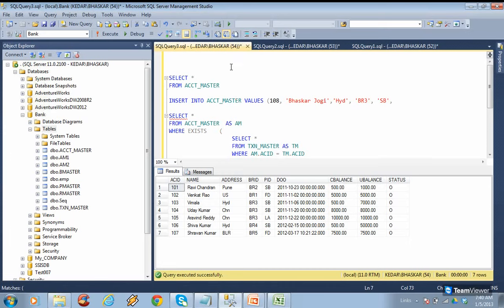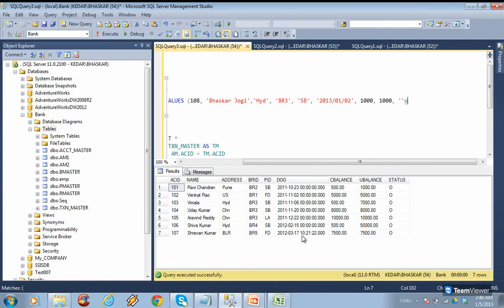Now what else do we have? Data for this one. Let us take 2012 or 2013, say Jan second I have opened an account. Then say 1,000 rupees and 1,000 rupees. And the status is still in operation, that means the account is still open.